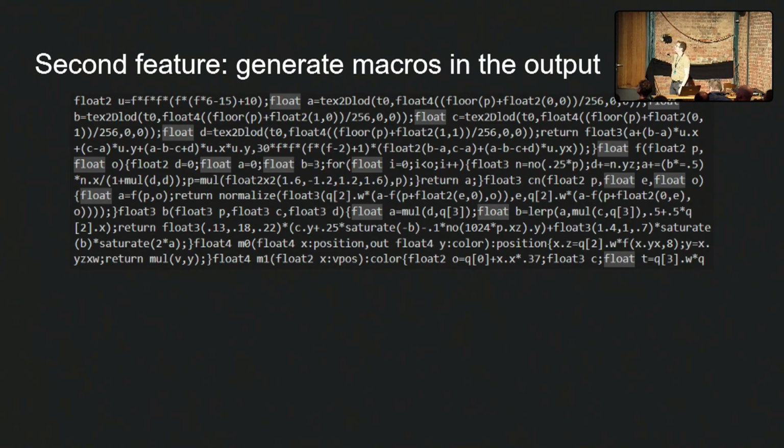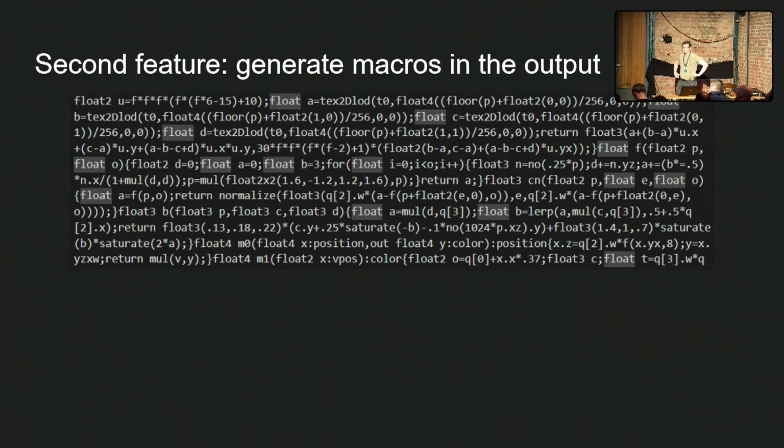And the second feature is that when I looked at the minified code, you typically get something like this, and you notice that there are lots of long words. Here I highlighted all the float words, and you can see there are lots of floats. You can also have lots of smoothstep and so on. And you can see that, well, it seems to take a lot of space.